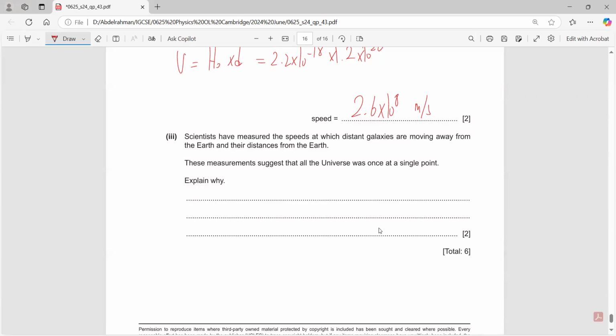So you need to say that the universe is expanding. Why?